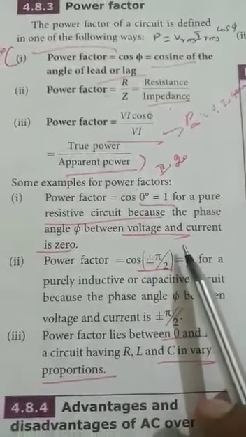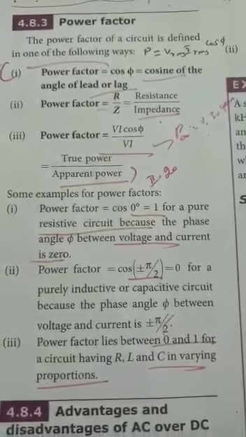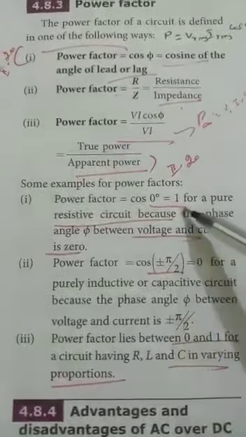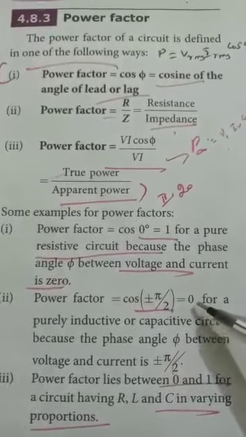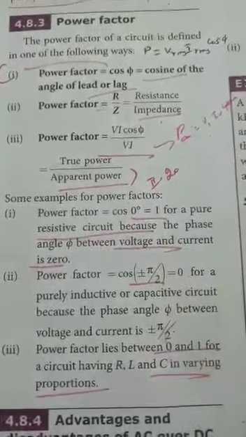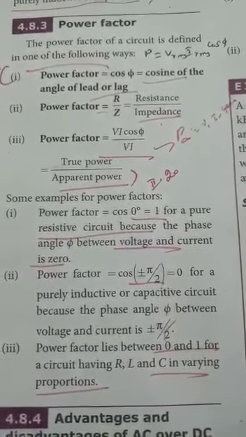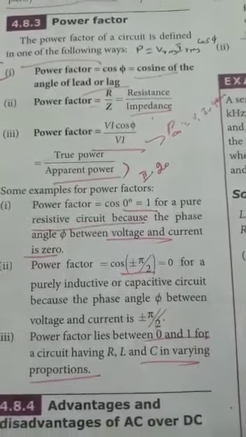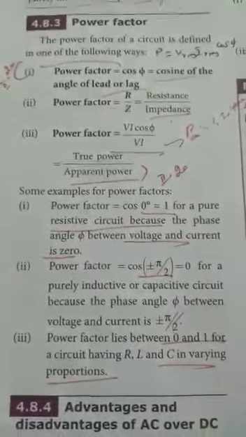And the power factor lies between 0 and 1 for the circuit having resistor, inductor and capacitor in varying proportions. These are the examples of the power factor.